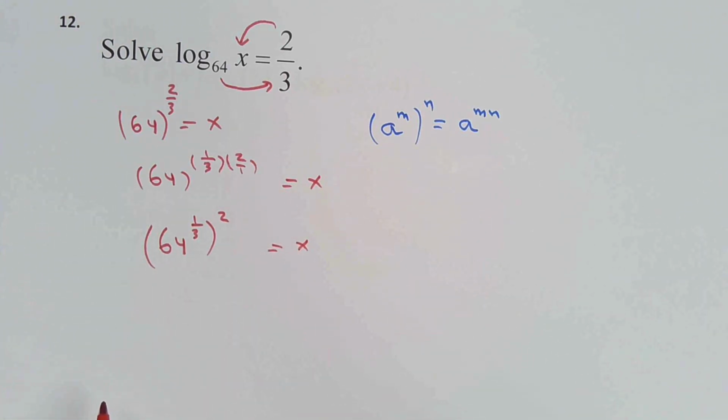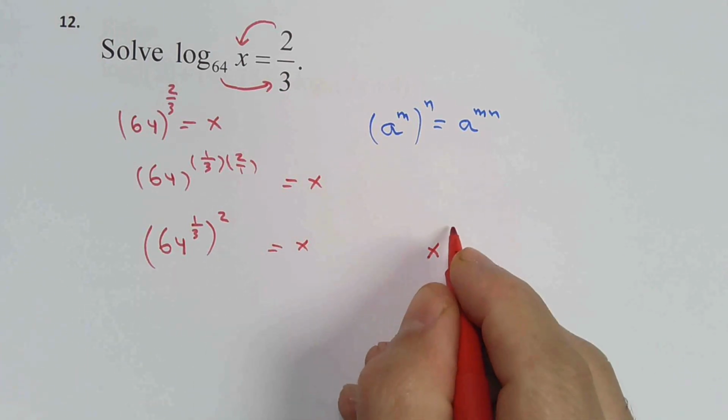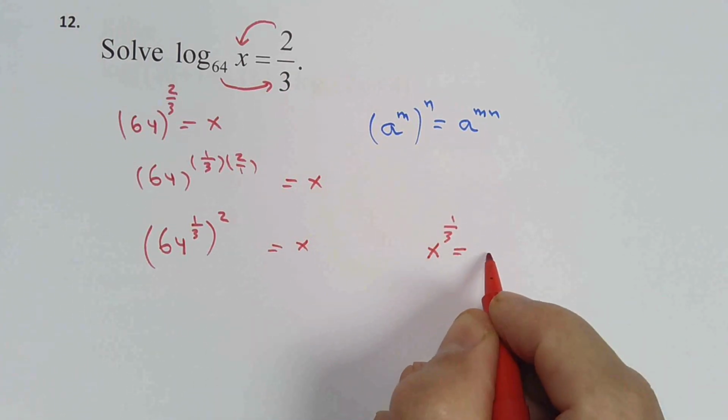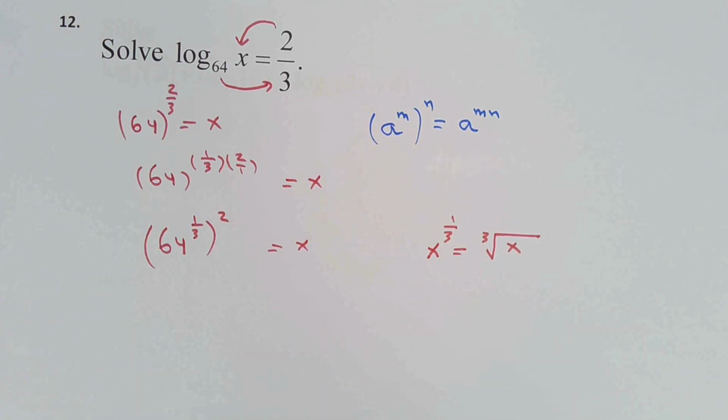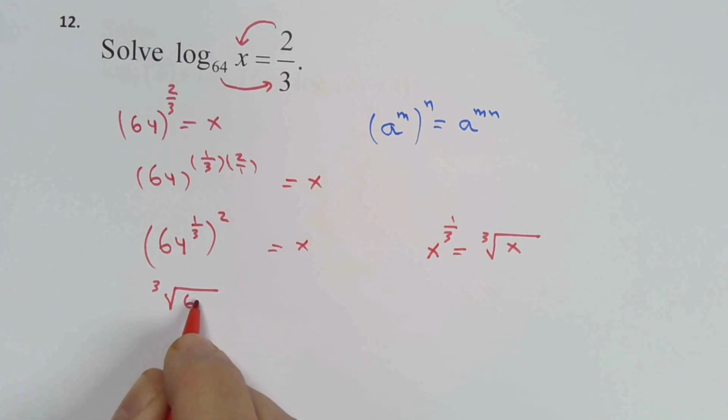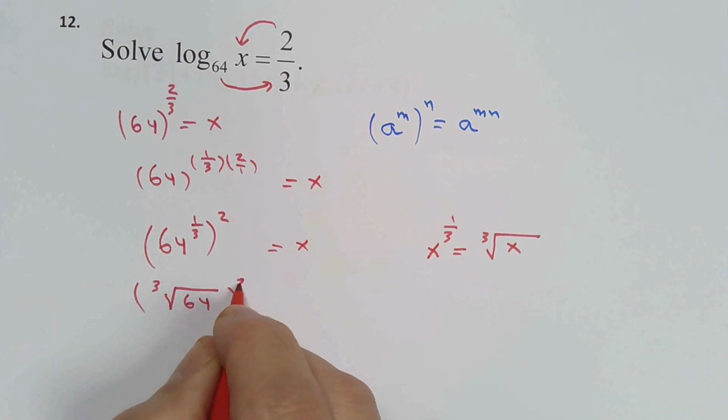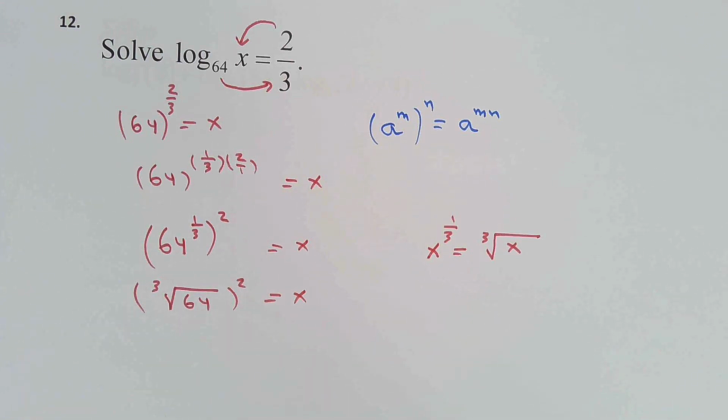64 to the power 1/3, anything raised to the power 1/3, it means the cubic root. So we have the cubic root of 64 raised to the second equals x.